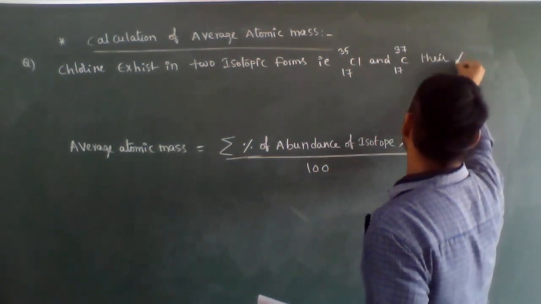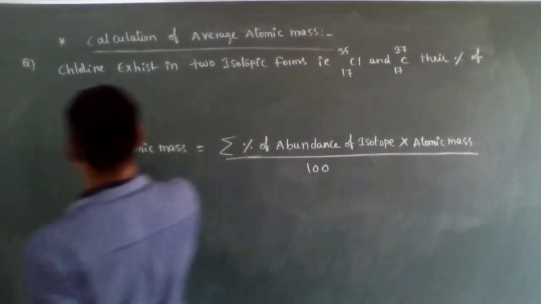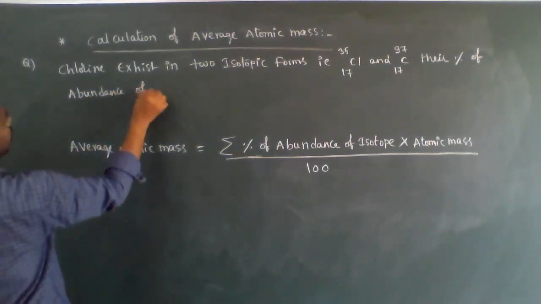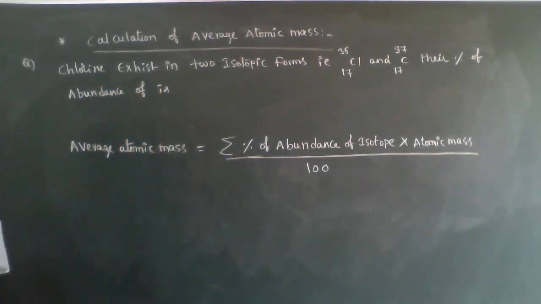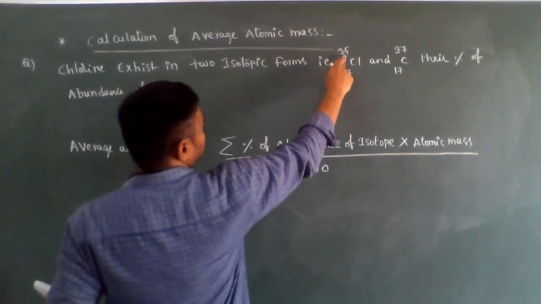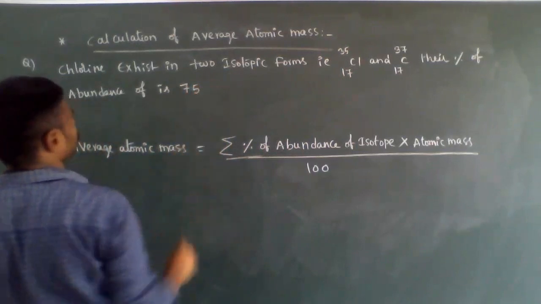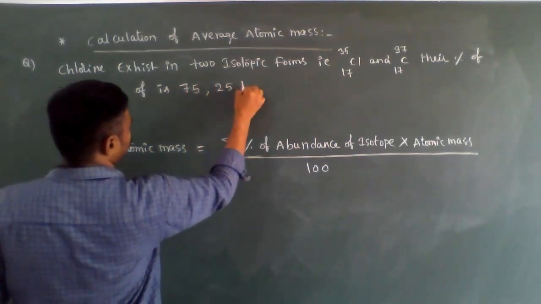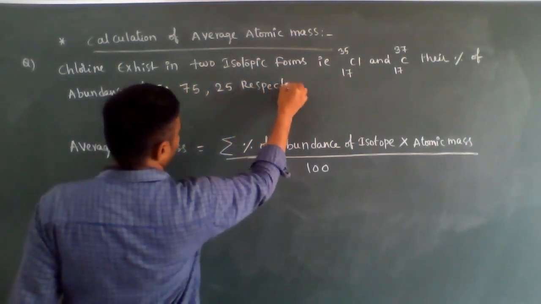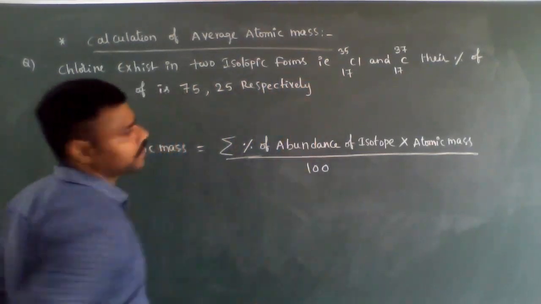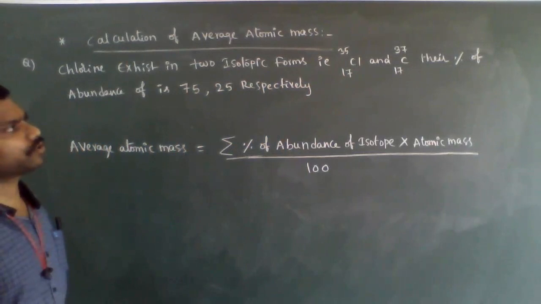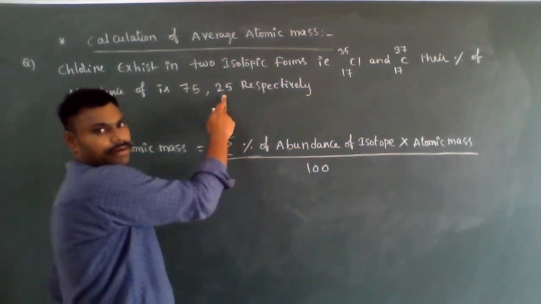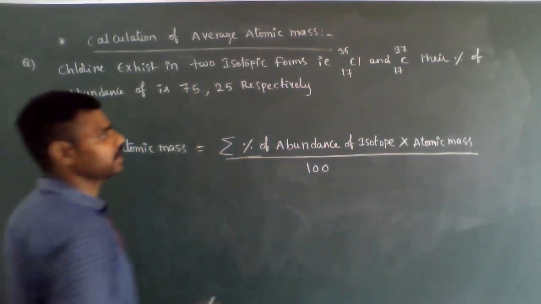Their percentage of abundance is 75 and 25 respectively.